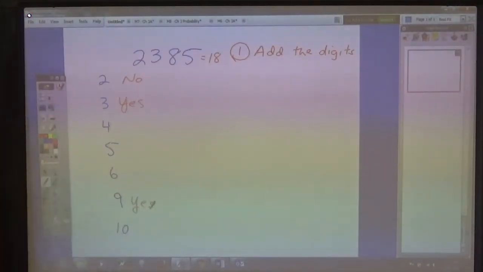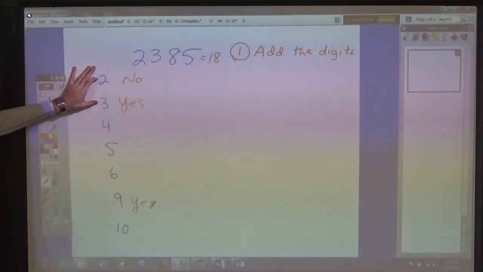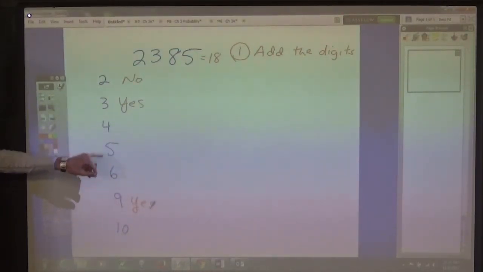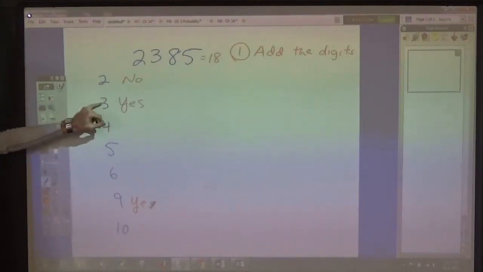Okay? Now, we also know 6. Because if we know what 2 and 3 are, then we know 6. Is it divisible by 6? What's the rule for 6? 2 and 3.